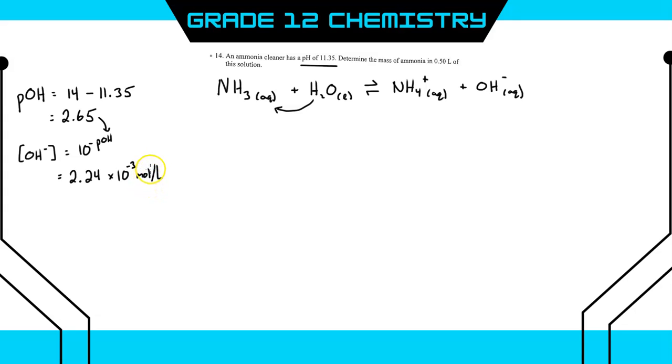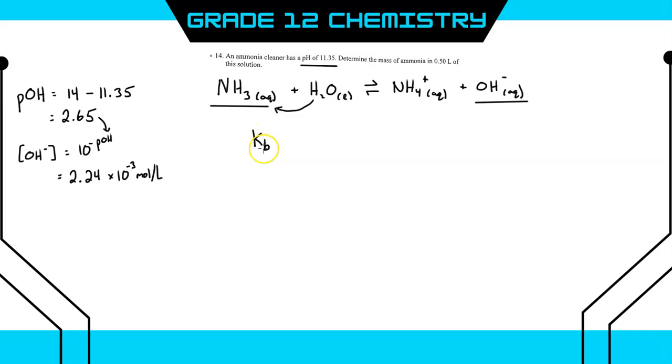All right, but what we want is the concentration of ammonia. Because if we had that, then we could work with the volume and work backwards to get the mass. Now we found the concentration of hydroxide. Right, now you can't do stoichiometry. This is equilibrium, so we have to use our equilibrium law.